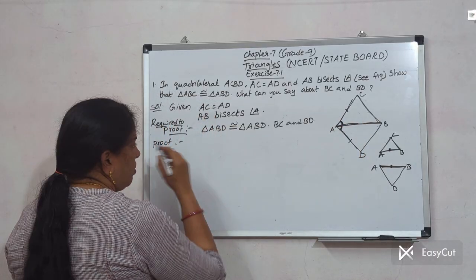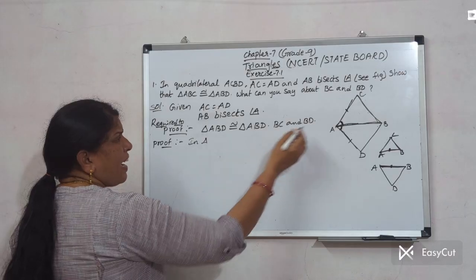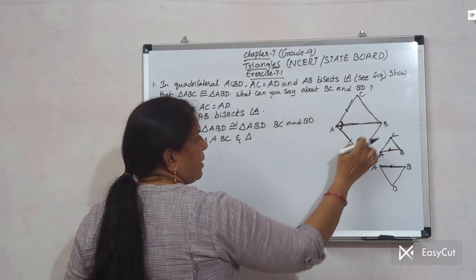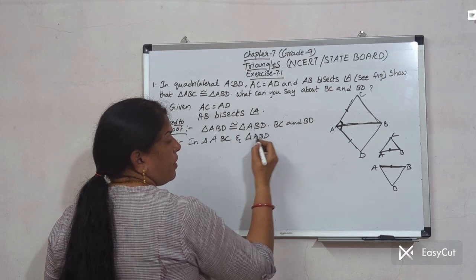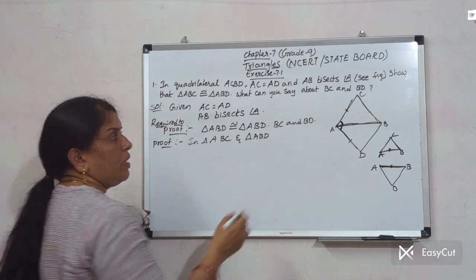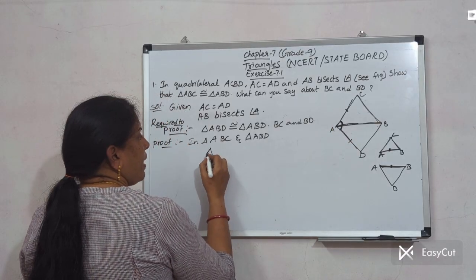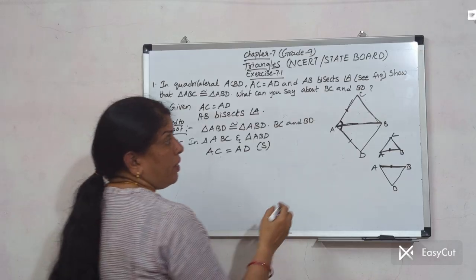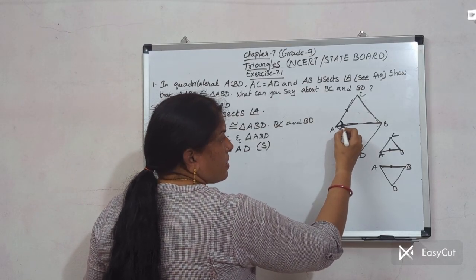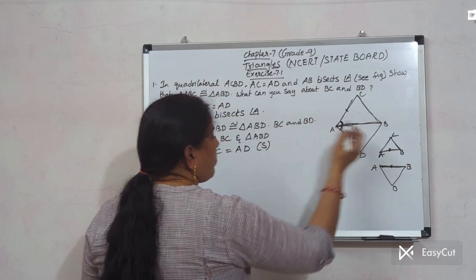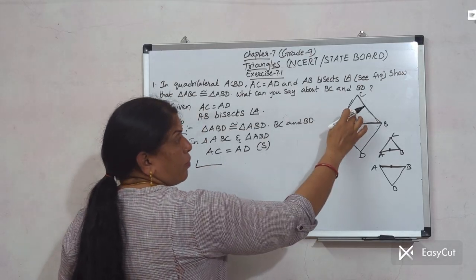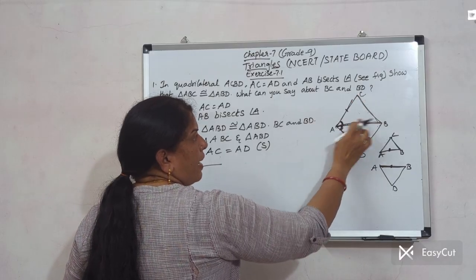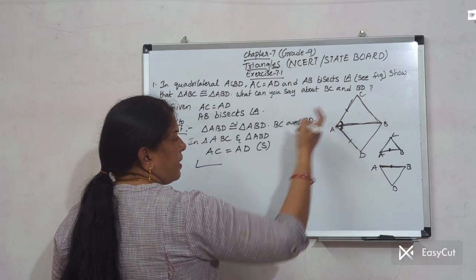Okay. Now I will write down. In triangle ABC and triangle ABD, what are equal? AC is equal to AD. This is the side. Now, angle. These two angles are equal. Angle CAB or BAC, both are the same.